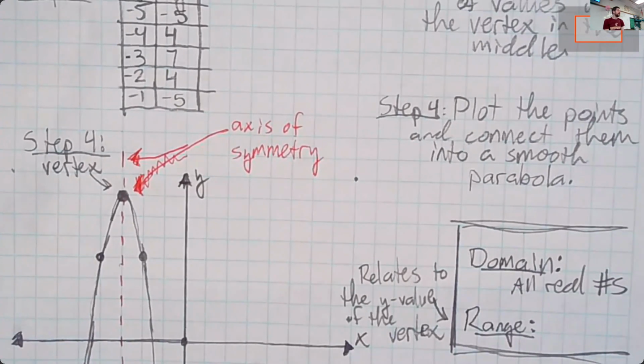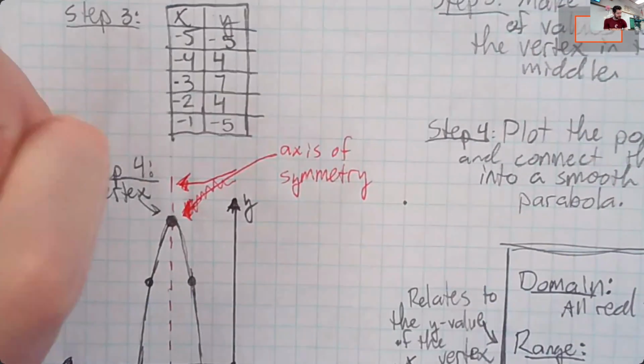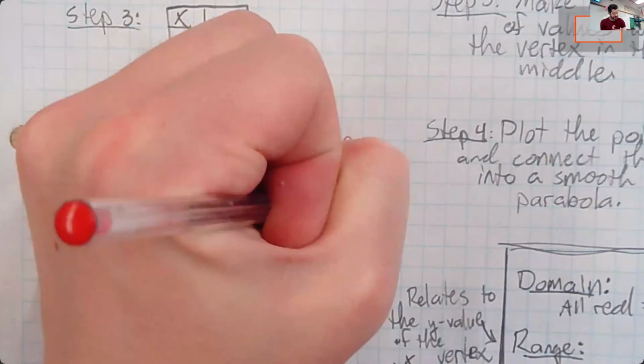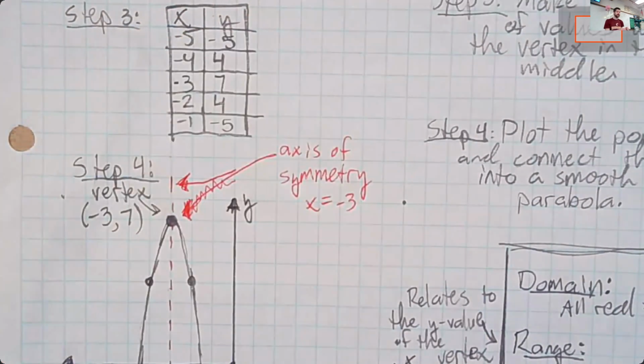What's the y coordinate of our vertex on this problem? We can actually write that in here too. (-3, 7). That is what the vertex is. And the axis of symmetry, we can actually write in x equals -3. A couple more details we can put in there.